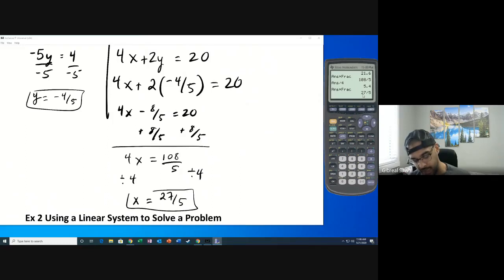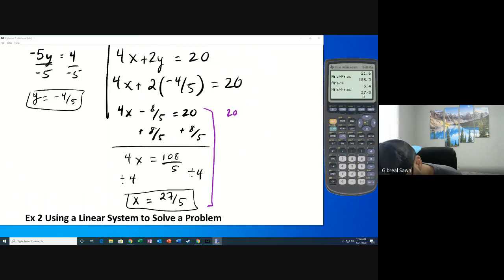Now that can be done by hand also. So I'm going to show you that as well. So from here on, if I need to do 20 plus 8 over 5, I need to change the 20 so it's got a denominator of 5. So that's going to be 100 over 5. So 100 over 5 plus 8 over 5 gives us 108 over 5.